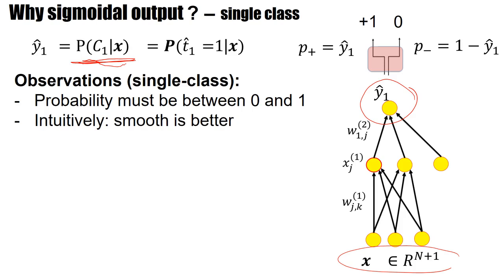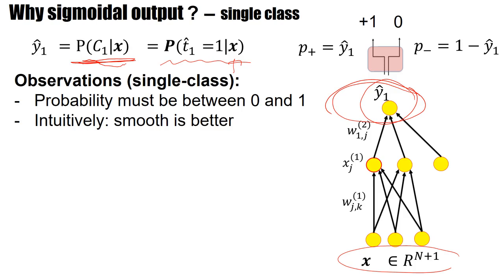Which is the same as saying, if we had an additional labeling module that generates labels stochastically, then this is the probability that the label would be +1 given this input x. So this y here is supposed to be a probability now, and therefore it must be between 0 and 1.